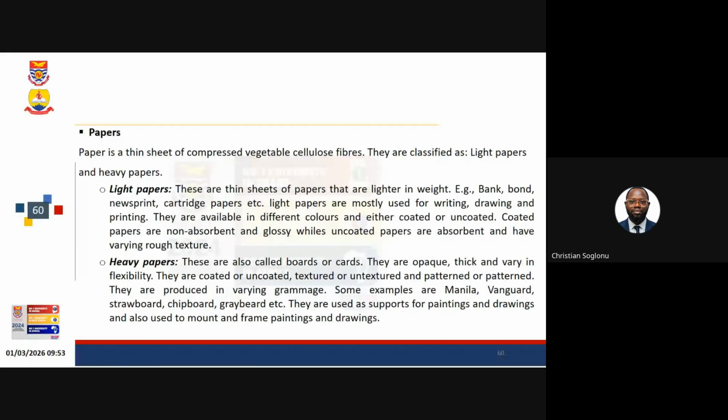They are produced in varying grammage. Some examples are Manila, Vanguard, Strawboard, Chipboard, Greyboard, etc. They are used as a support for painting and drawing, and also used to mount and frame paintings and drawings.